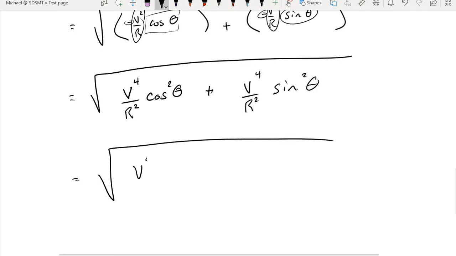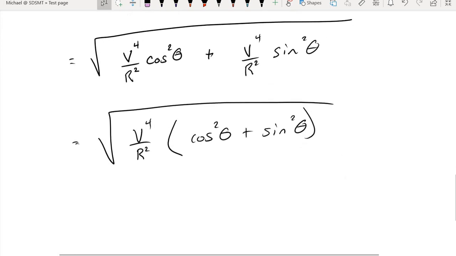Cleanup time, v to the fourth over r squared can be factored out of each term. And now we're left with everybody's favorite trig identity, sine squared plus cosine squared, which equals 1.